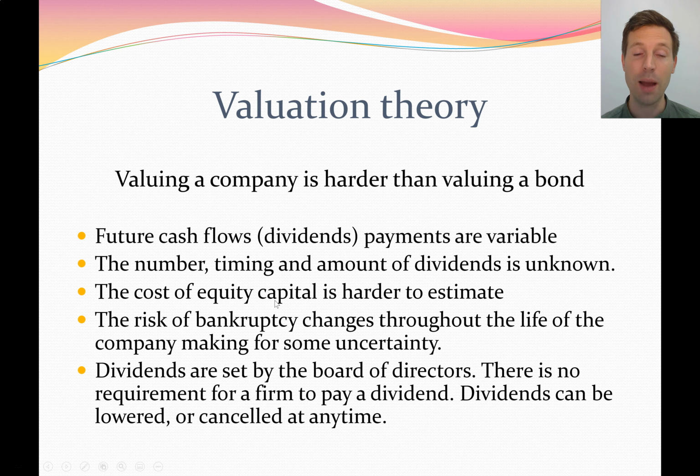The cost of equity capital, that is, in our net present value formula, the interest rate or the cost of capital component R, is also much harder to estimate than debt contracting. So we're going to learn about how to estimate the cost of capital for equity, but even our best estimations are very inaccurate. So coming up with that part of the formula is difficult. Similar to valuing a bond, the risk of bankruptcy changes throughout the life of a company, so that also creates some uncertainty for us.